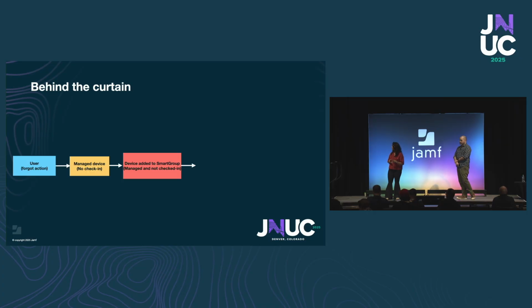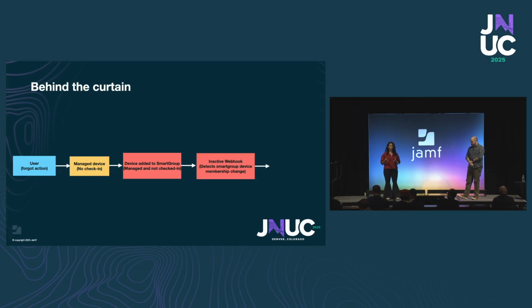So this device is added to a smart group, and the criteria is that it's a managed device and it hasn't checked in, and for our case, it's about 30 days. This is when the inactive webhook fires up, and all that does is it detects a smart group device membership change, and then soon after, a set of tasks run through to remediate and resolve this issue, which is basically to unenroll and delete the device to save a seat in our Jamf instance.